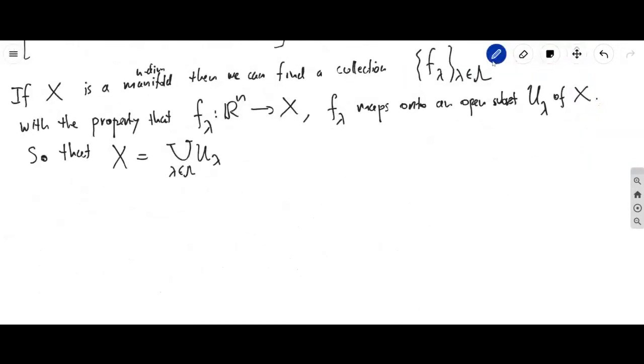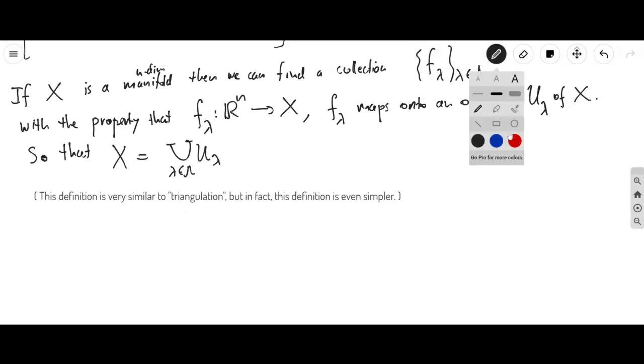Now, if you look at this definition, it is very similar to what we call a triangulation. But in fact, this definition is even simpler, because when we talk about triangulation of a space, we're not mapping Rn. In a triangulation, we're rather mapping the geometric simplex.